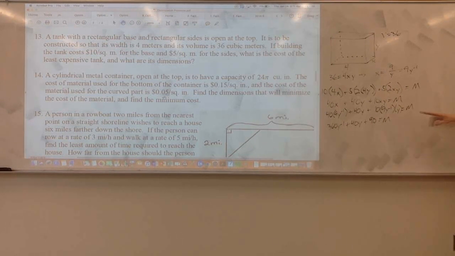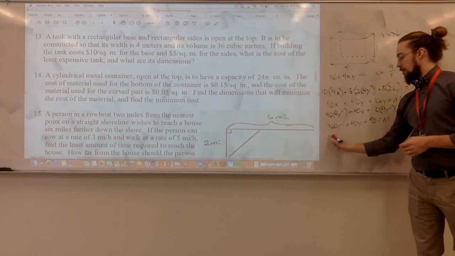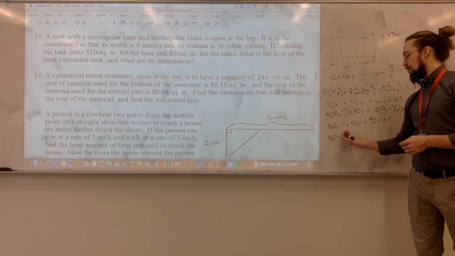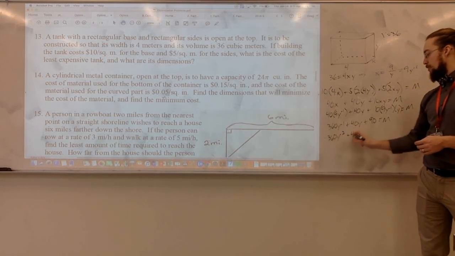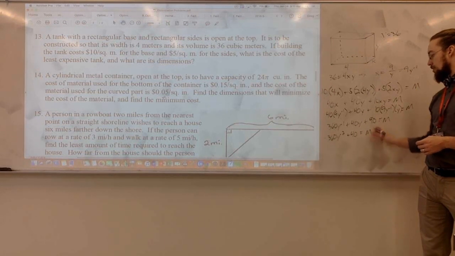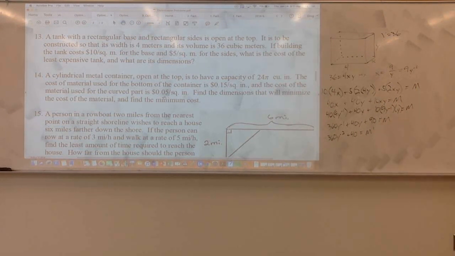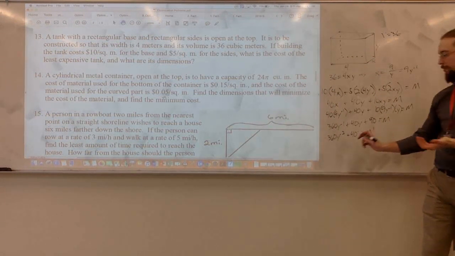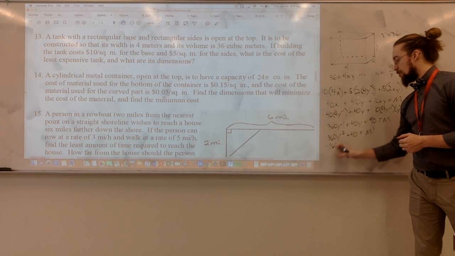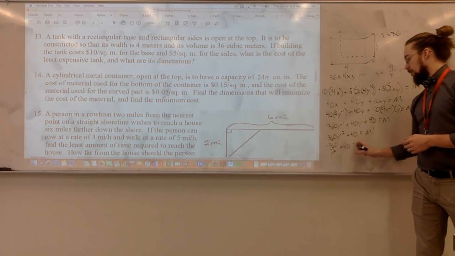Yeah, these y's would cancel. Now what? Now take the derivative, then set it equal to 0. So we'll get negative 360y to the negative second plus 40 equals our derivative. Now we'll set it equal to 0. And again, when we solve, I think it's easier to think about making all of the exponents positive again.